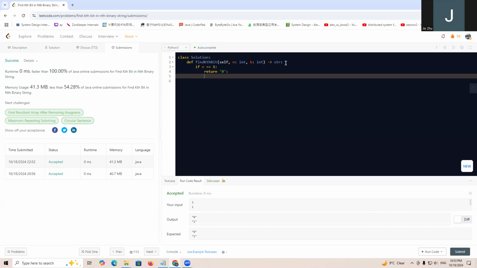Then we have length equals 2 to the power n, minus 1.